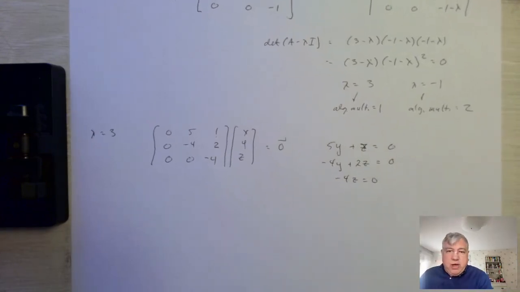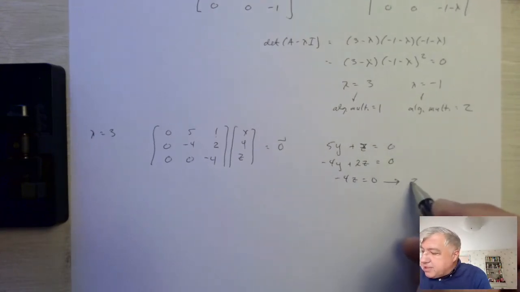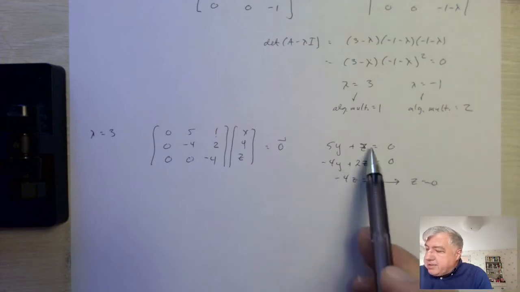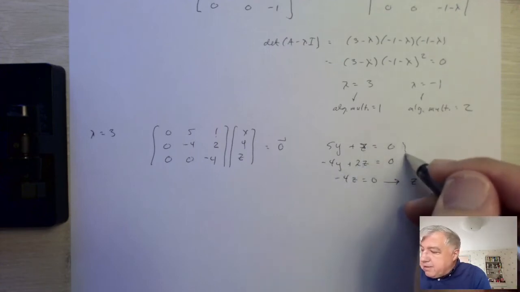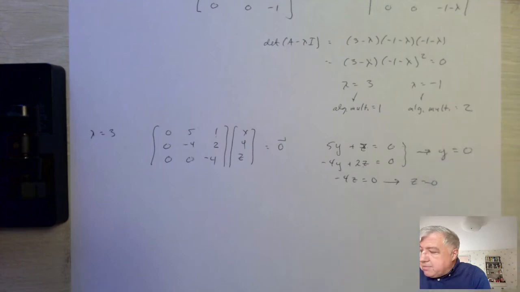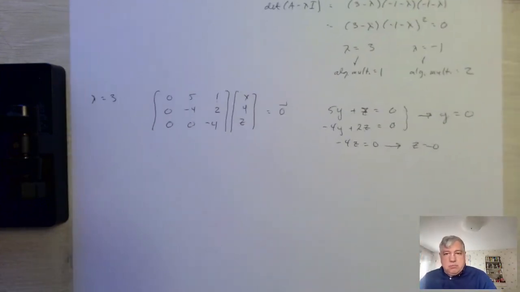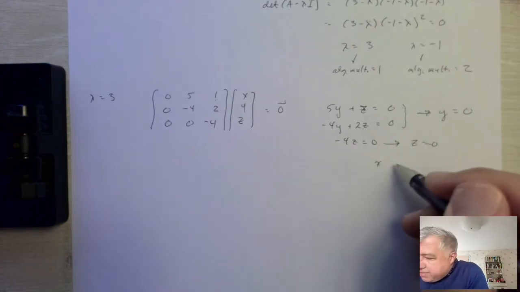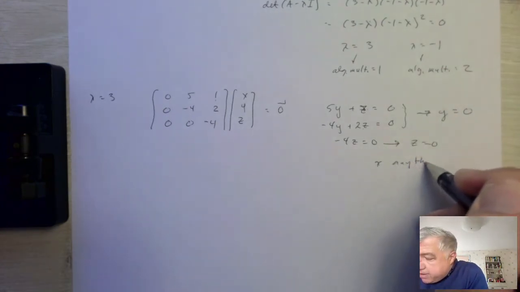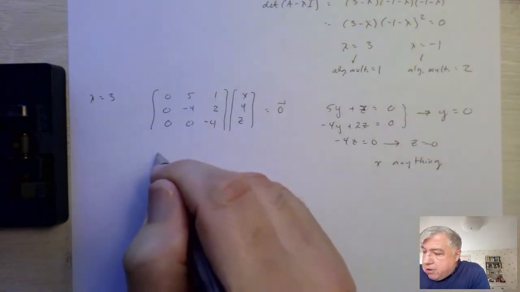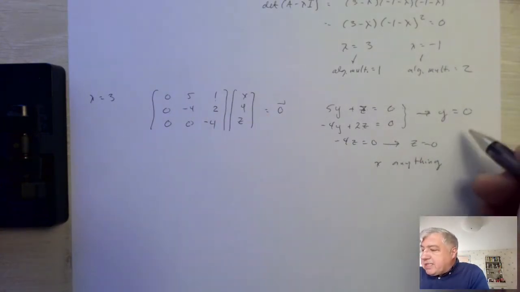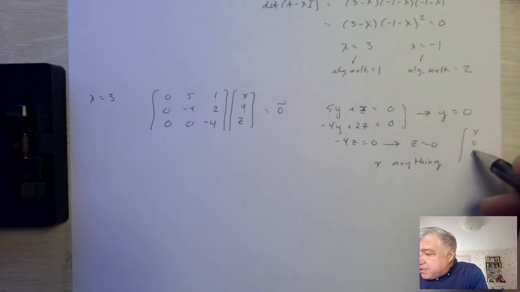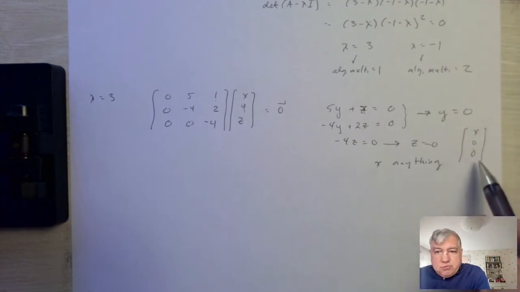And that really helps us a lot. This last one tells us that z equals 0, which means that y has to be 0. So y and z have to be 0. There's no mention of x, so x can be anything. Basically an eigenvector will look like x, 0, 0, or x times 1, 0, 0.